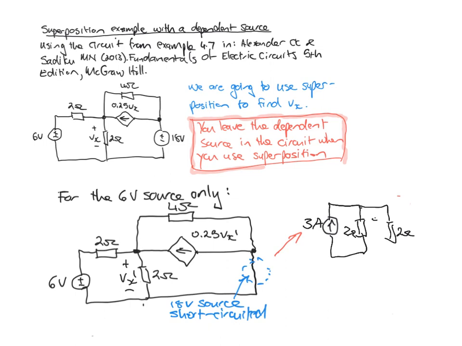And we've got Vx dashed here. And we've still got that current source of 0.25 Vx dashed, and we've still got the 4 ohm resistor.